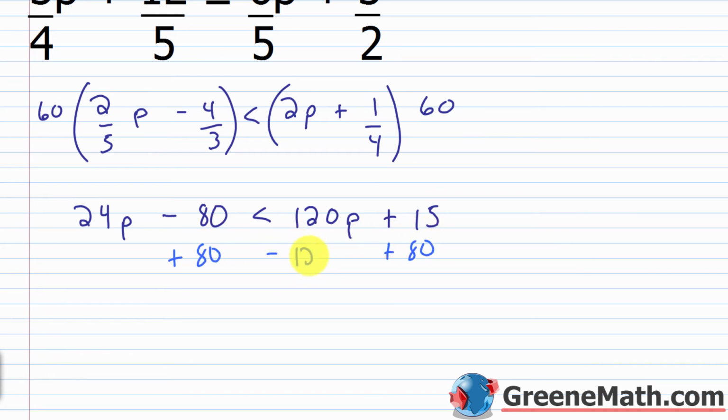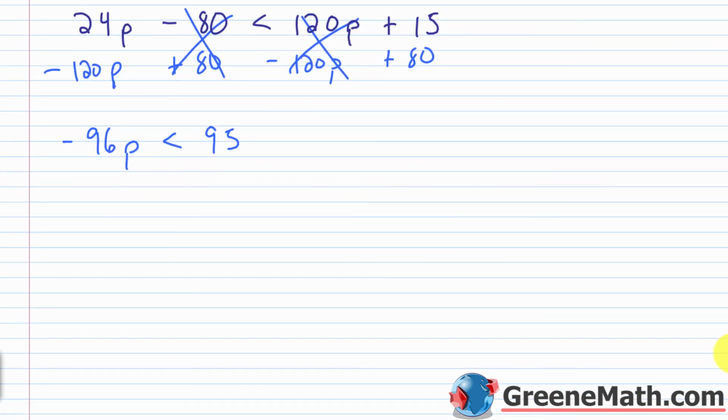And I can subtract 120p from each side. So this is going to cancel, and this is going to cancel. 24 minus 120 is negative 96. So this would be negative 96p. And then it's less than 15 plus 80 is 95. So if I divide both sides by negative 96, remember I've got to flip the direction of this guy.